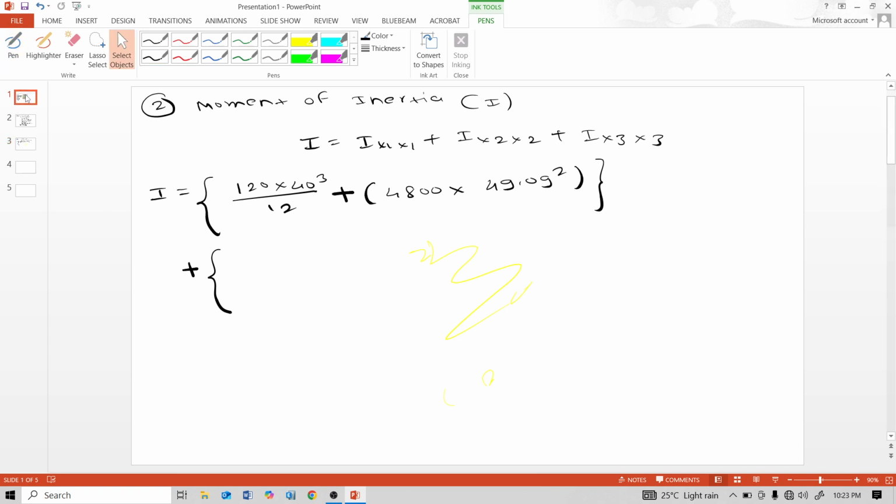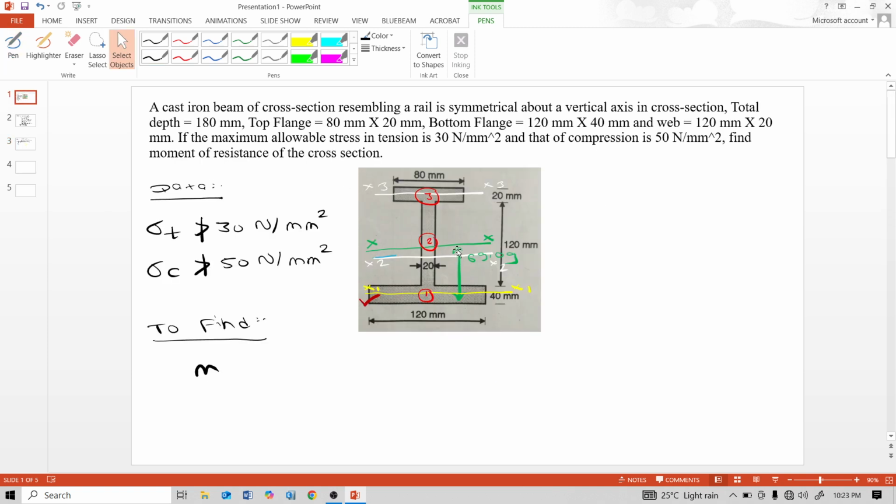and now next I x2 x2 for this web part. For the x2 x2 axis the parallel dimension is 20 mm.